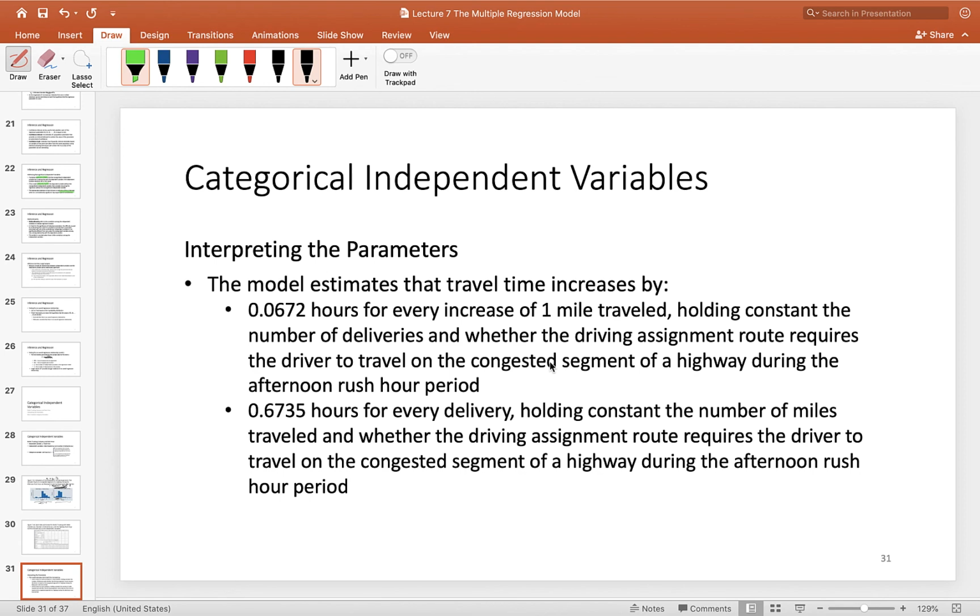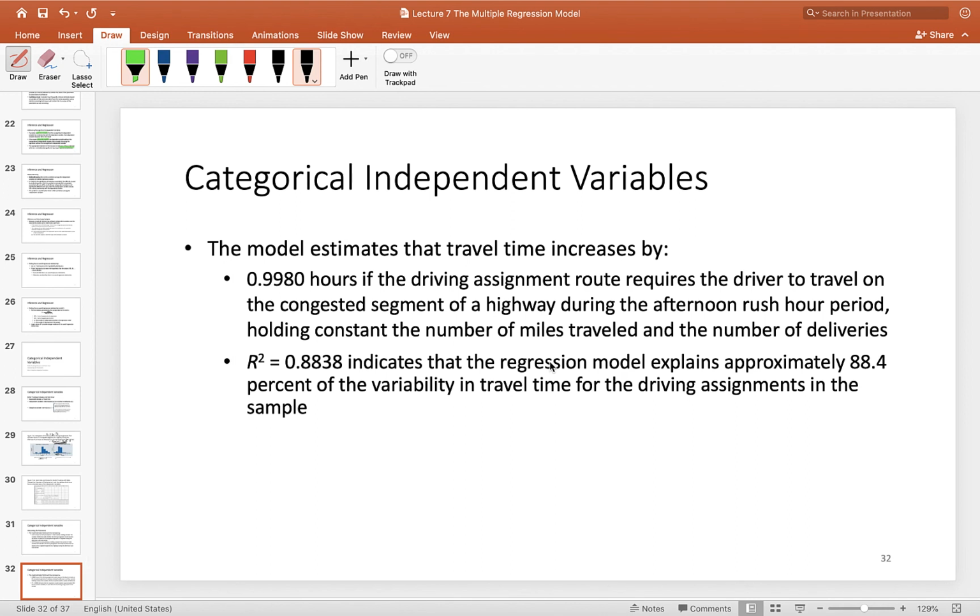And this is explaining what the 0.672, the 0.6735, and the 0.998 all mean. It's also telling us about R squared here. R squared is telling you about how good the model is. And can you see how the model's increased? It started off at 66%, and now it's up to 88.4%, the coefficient of determination R squared.